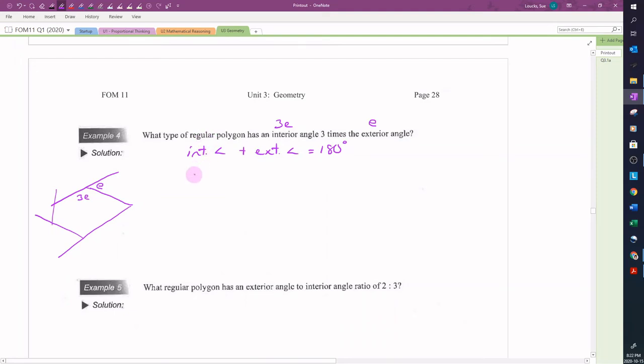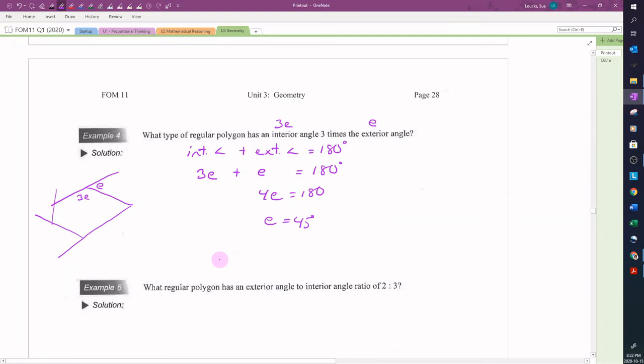If my interior angle is 3E and my exterior angle is 1E, that equals 180 degrees. So 4E equals 180, so E equals 45 degrees. So that's the first part. The exterior angle is going to be 45 degrees.